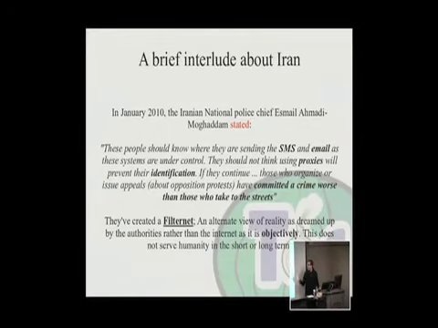This creation of a filter net, as some people have called it, is not to be taken just as blocking, but filter as in observing to catch. They want to filter people out so that they can harm them. I've heard about people having their Gmail accounts printed out and handed to them by the Iranian authorities before they're tortured. So it's a very serious observation problem in some of these countries.